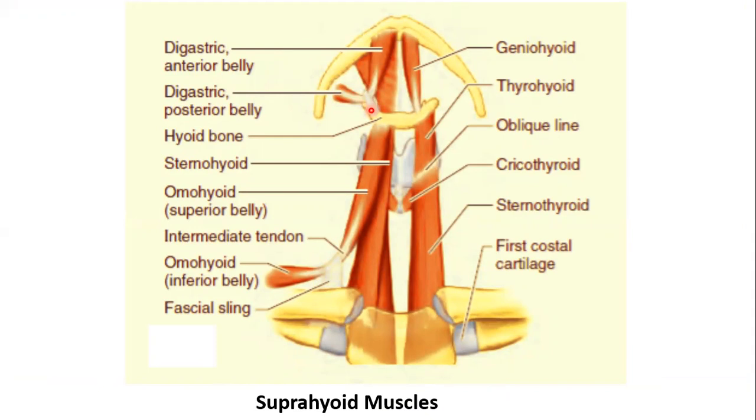This description is that it is a fibrous sling derived from the pretracheal layer of the deep cervical fascia, and this allows the tendon to slide anteriorly and posteriorly as it connects the tendon to the body and the greater horn of the hyoid. This is the description of the intermediate tendon.